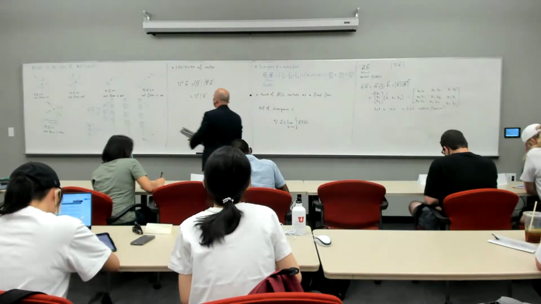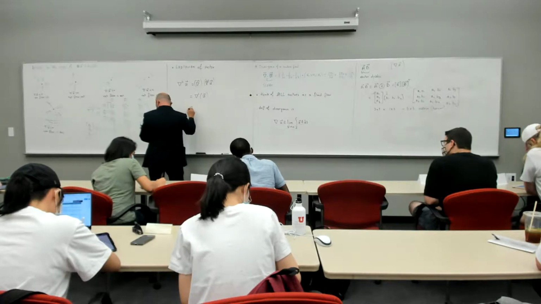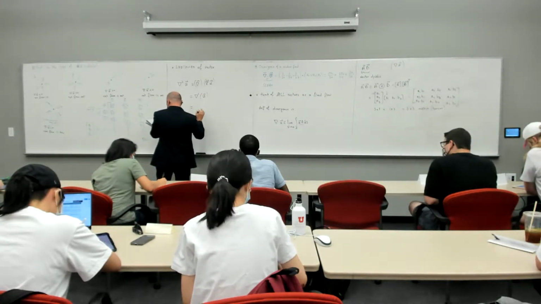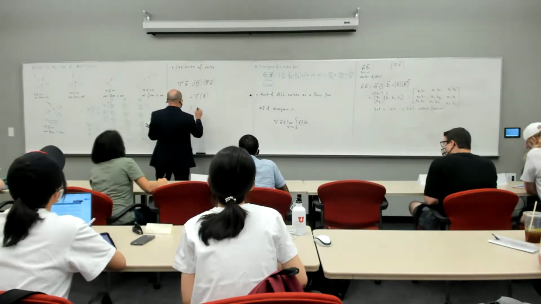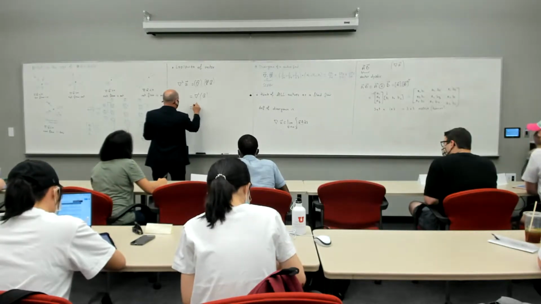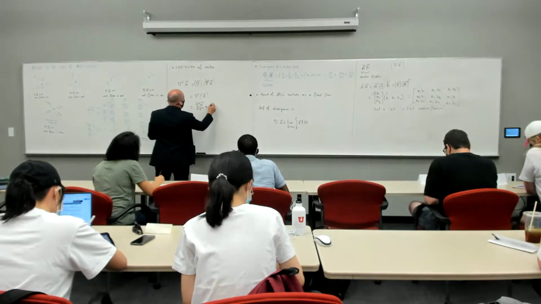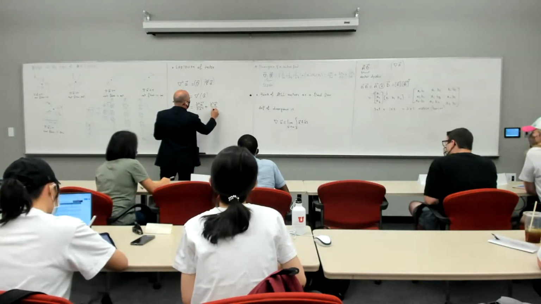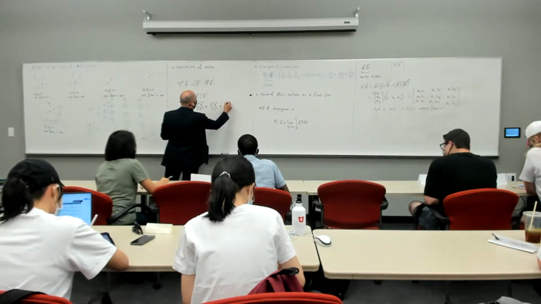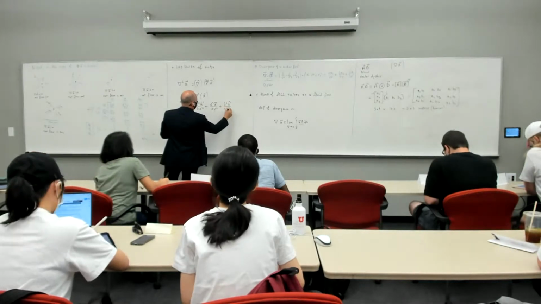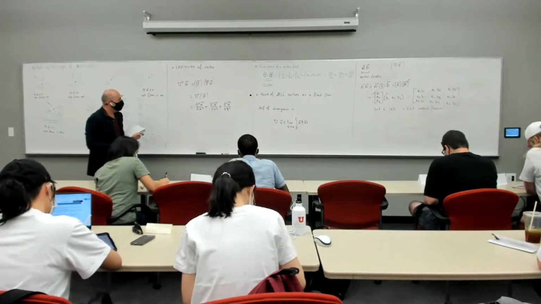So in other words, this is d2u vector by dx squared plus d2u vector by dy squared plus d2u vector by dz squared, okay?